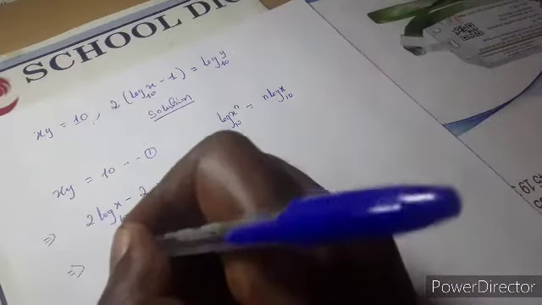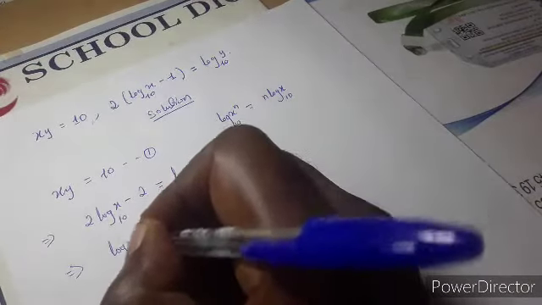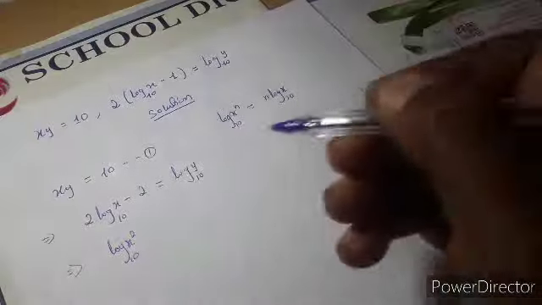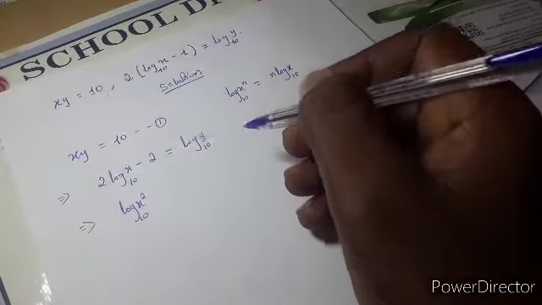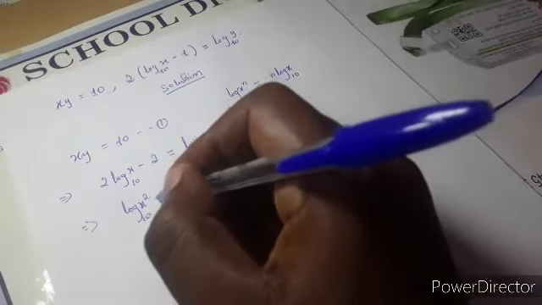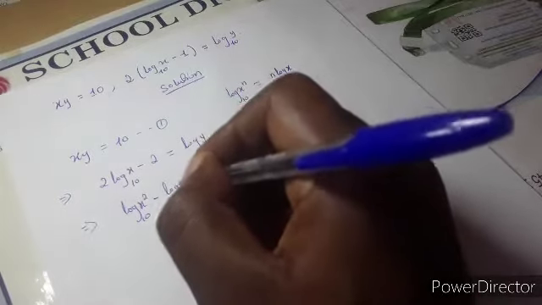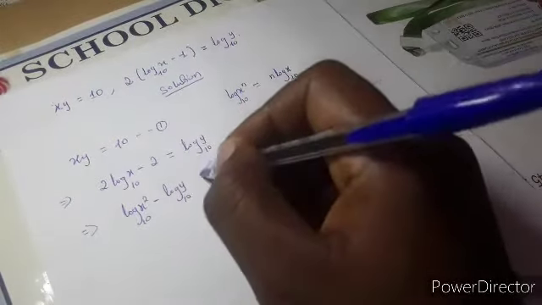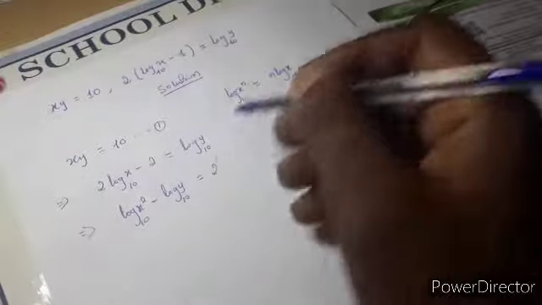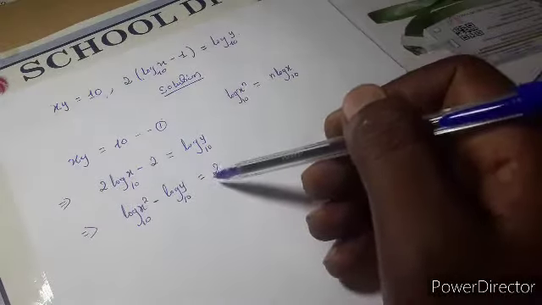So here we're going to have log of x squared to base 10. I'll bring this one this way, so it becomes negative: negative log y to base 10 equals positive 2, since when 2 crosses and comes this way, it becomes positive.